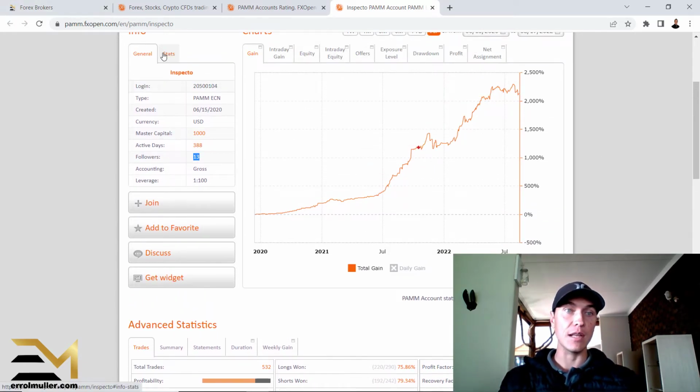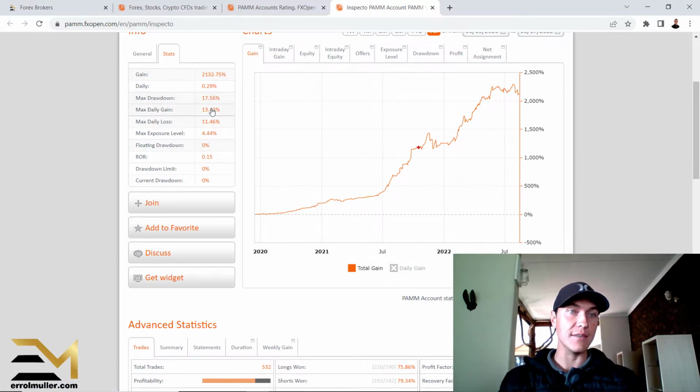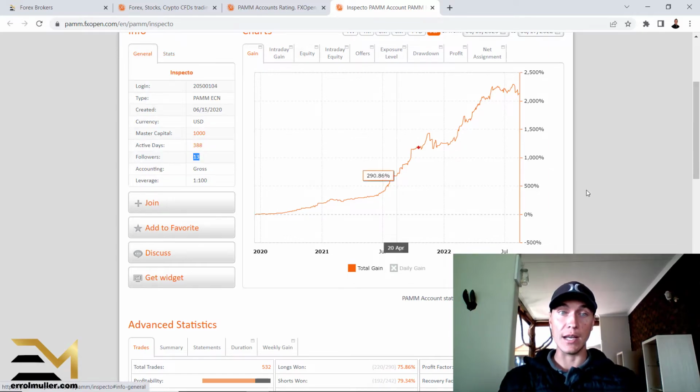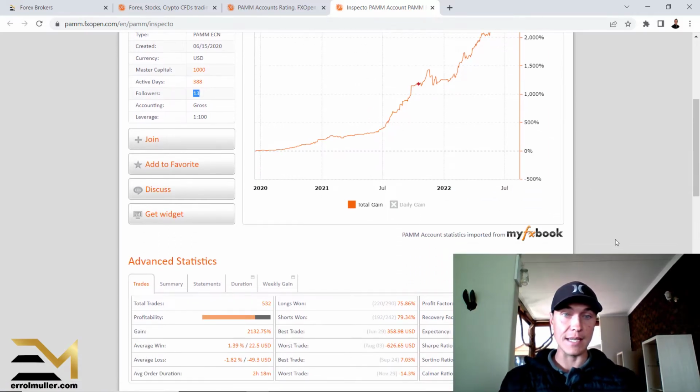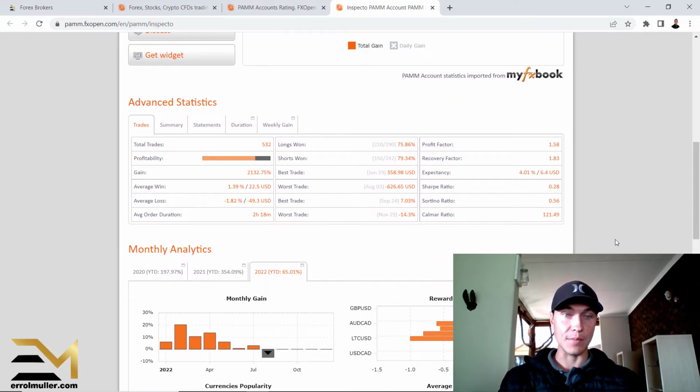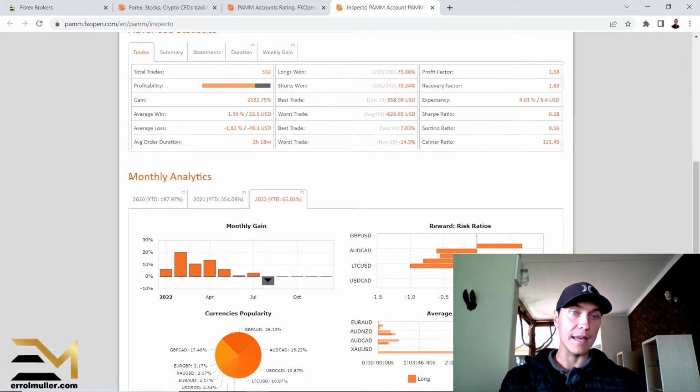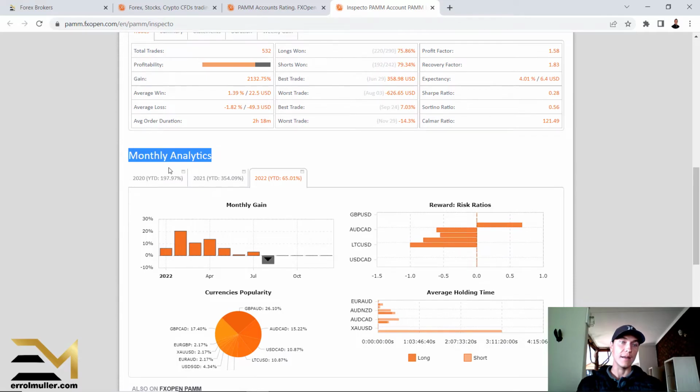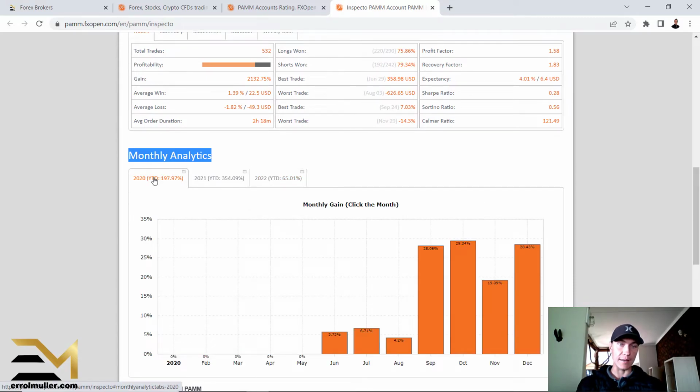Really impressive. And if you click on the stats, you will see daily gain of 0.29%, max drawdown 17%. That's good. Daily gain of 0.29%. That's really good. That is absolutely fantastic, if you ask me. So then what you can do is at the monthly analytics, if you scroll down, you can look. So in 2020, he started, look at that, 5%, 5%, 4%, 28, 29, 19, 28.